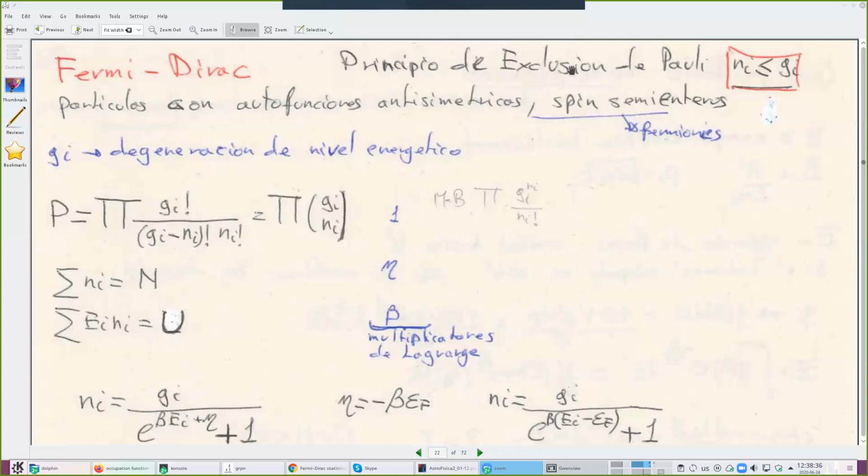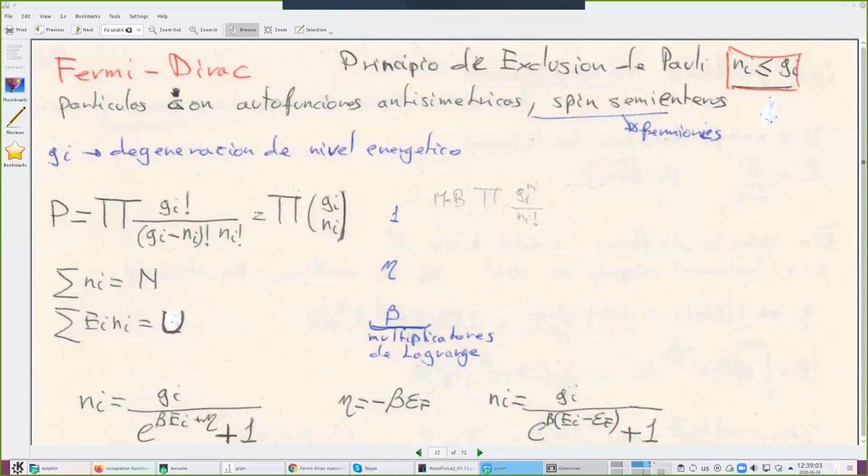I want to be quite clear. As you already said, the quantum statistical distributions.